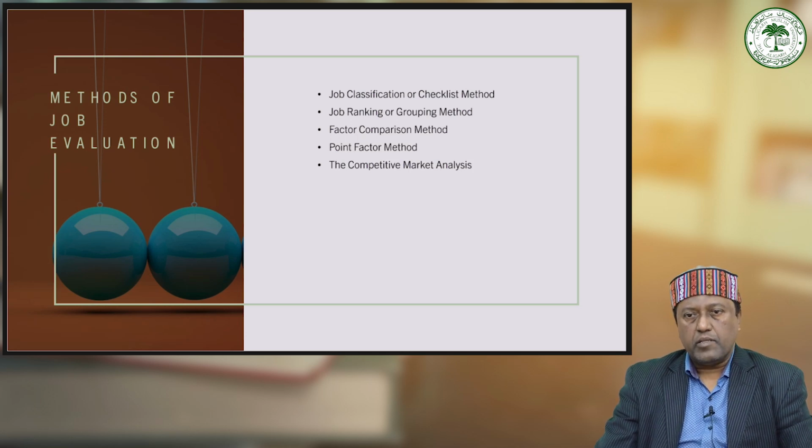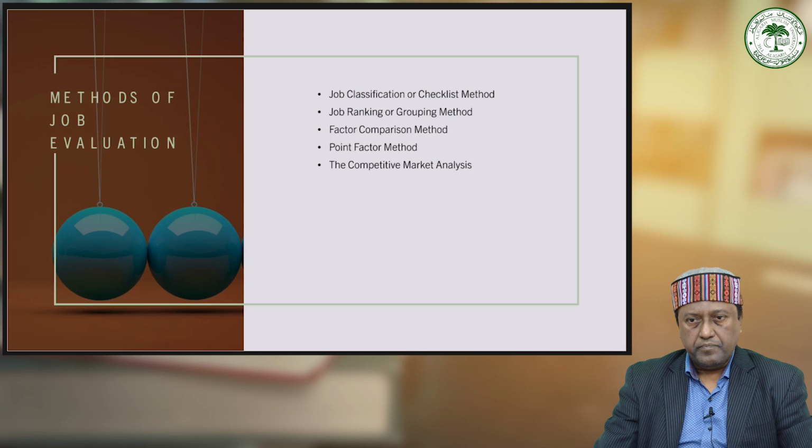The ranking method provides a broad differentiation among the jobs based on the single criterion. It doesn't offer a nuanced understanding. It doesn't offer a micro understanding of the specific contributions or requirements of each job. As a result, jobs within the same rank may have significant differences that aren't reflected in the method.